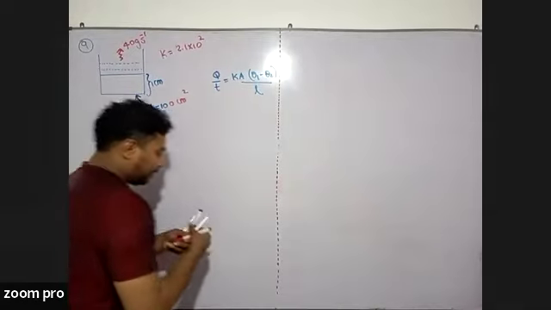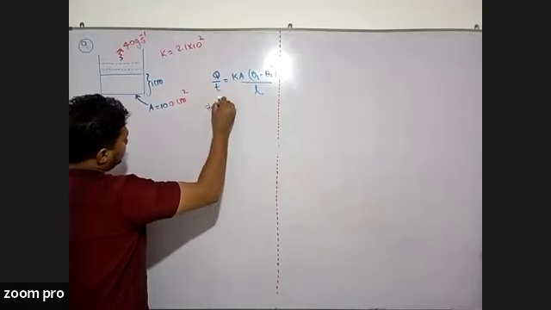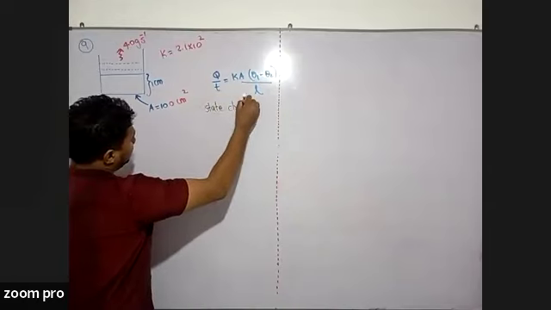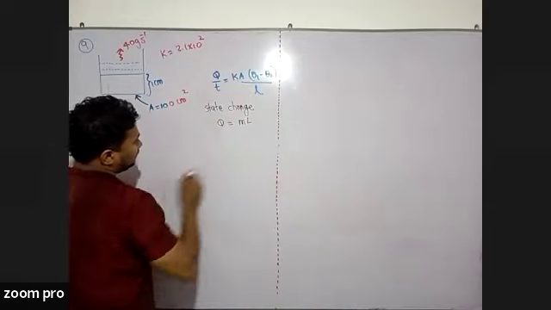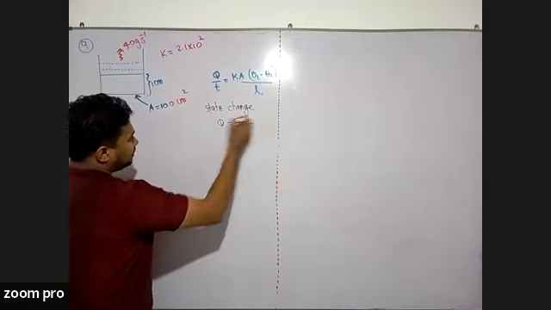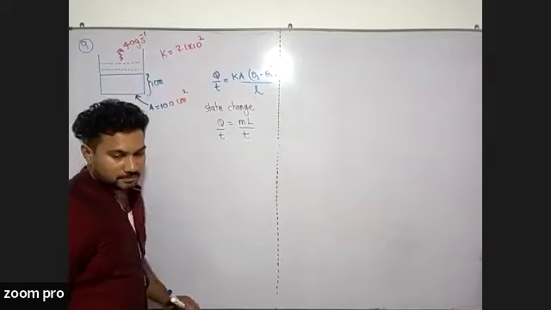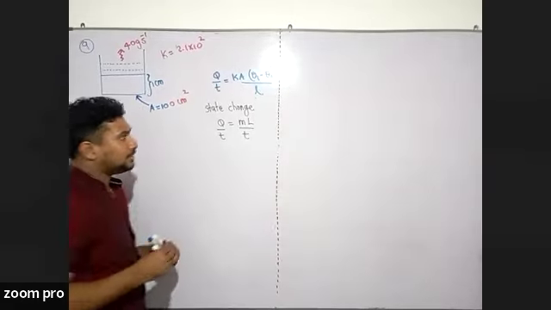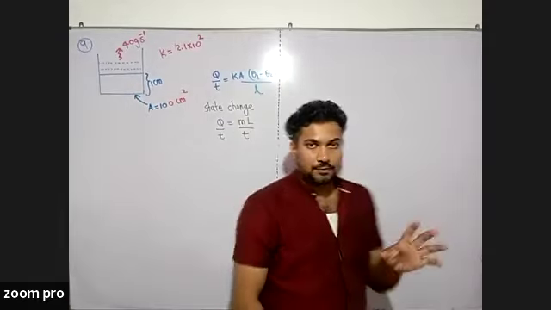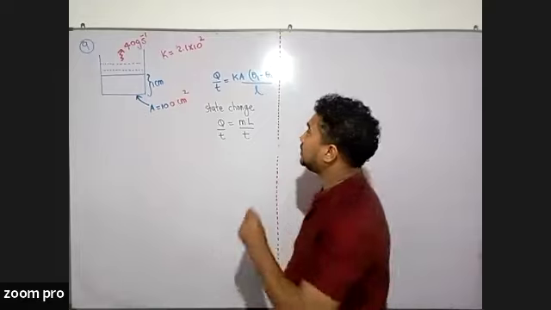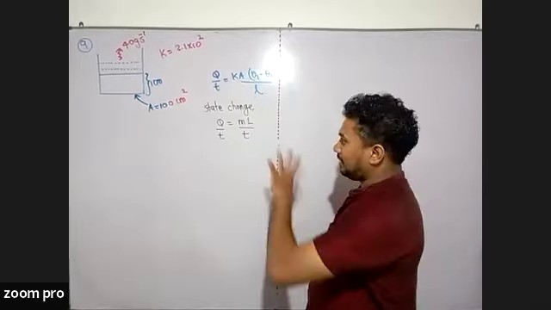And if you consider the state change of a material, this equation can be used: Q equals mL. But if I divide both sides by t, then we can use this equation, right? And the other thing is, in a steady flow rate, we can equate these two equations to each other, right? So that's another thing.